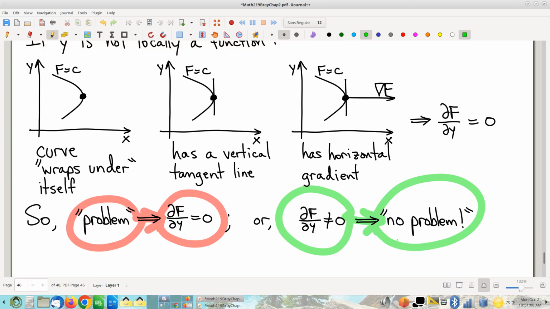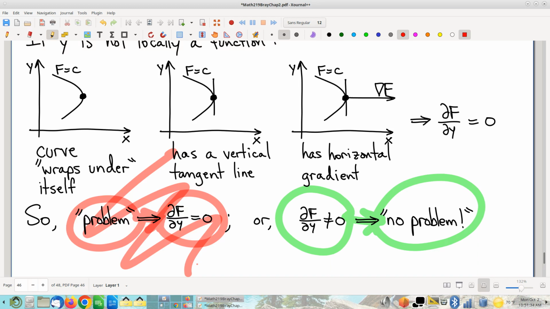Okay, so this is what we're going to use most of the time. Not so much this. This doesn't really resolve a question for us. This one assumes that you already know whether you do or don't have a problem, and then tells you something that answers a question you didn't ask. Right? This, what I have in green, is what's useful. There's an algebraic test that I can perform.